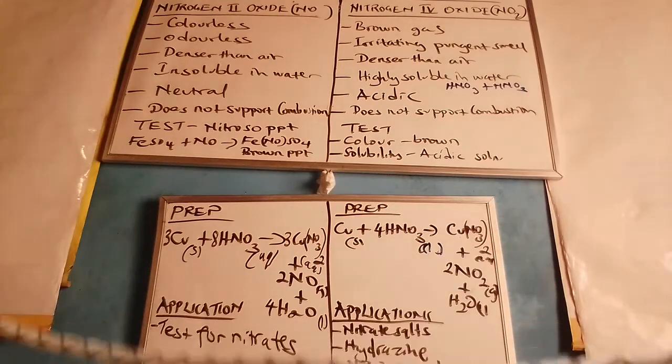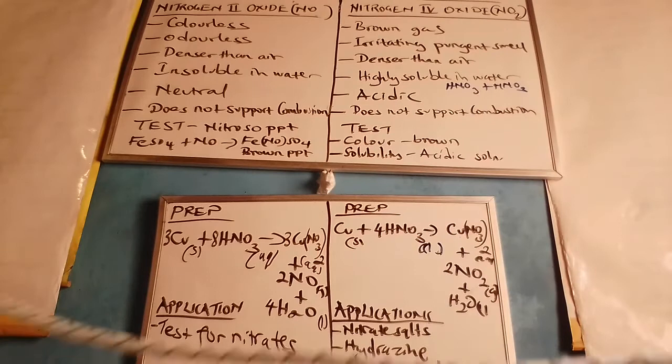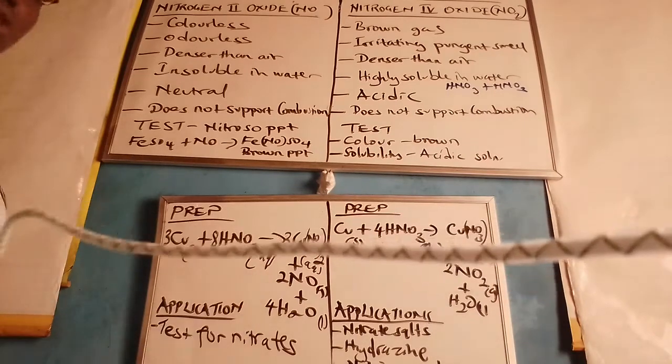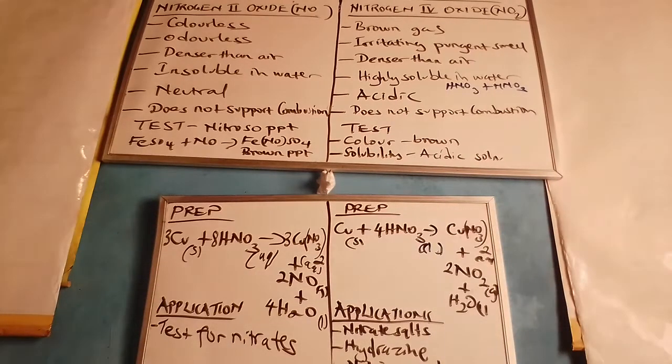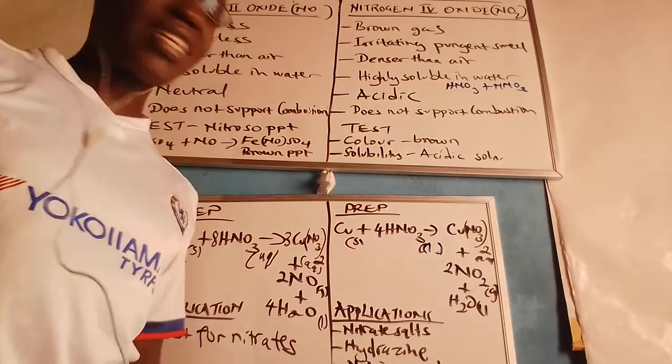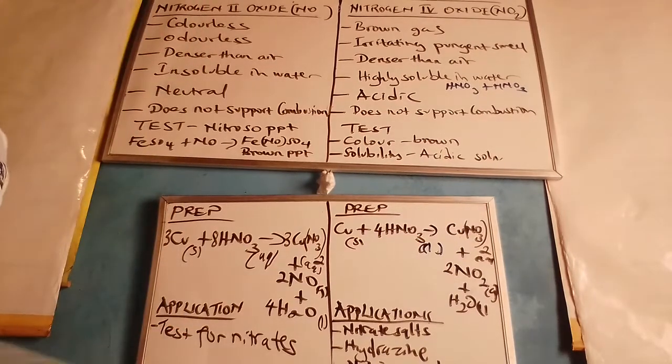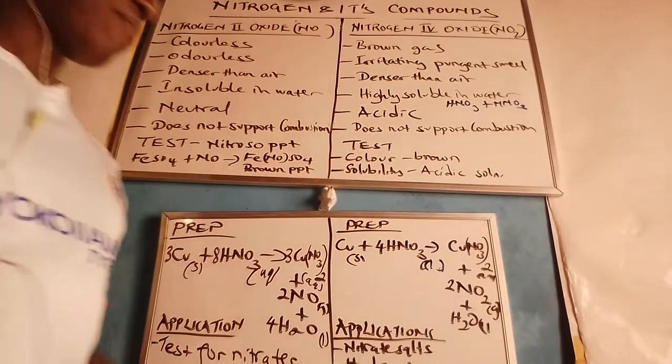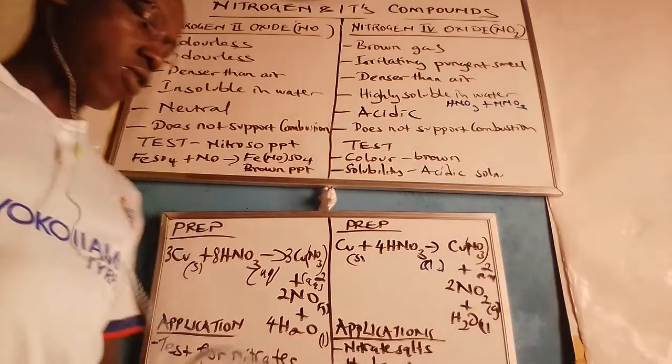We've seen that when you use nitric acid in dilute state with a less reactive metal such as copper, it forms nitrogen 2 oxide, a colorless gas. When, however, you use nitric acid in the concentrated state with a less reactive metal such as copper, it forms the brown gas, nitrogen 4 oxide.